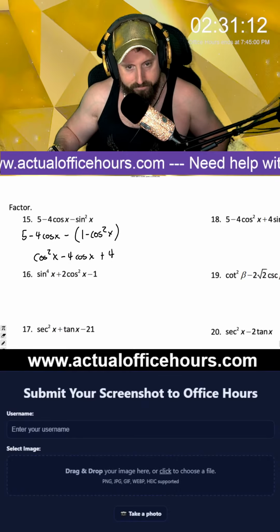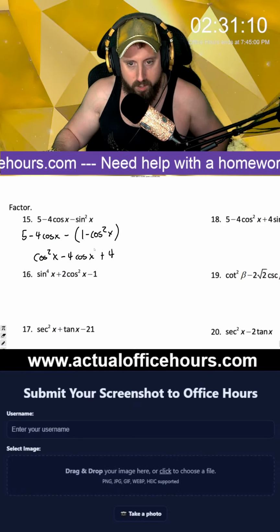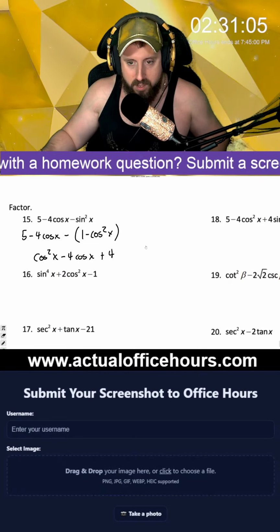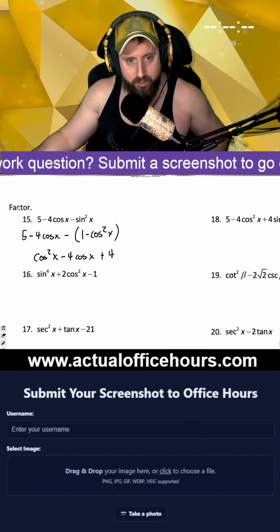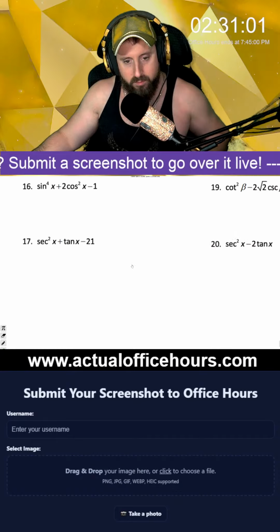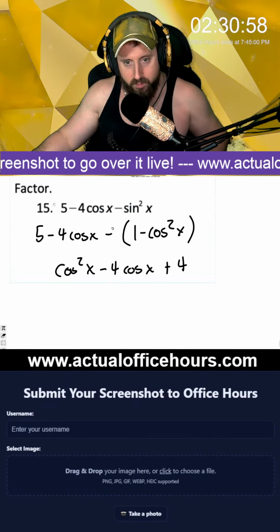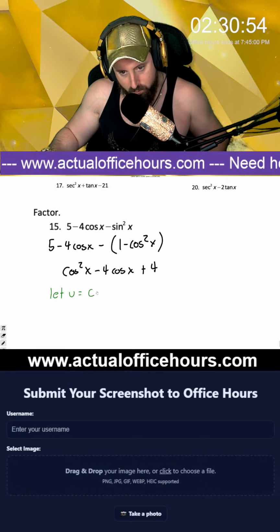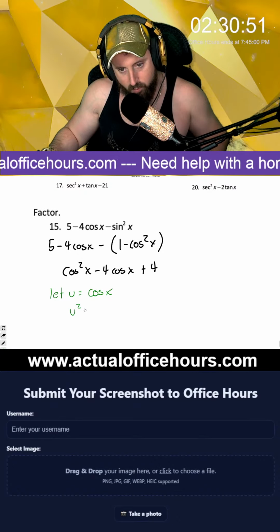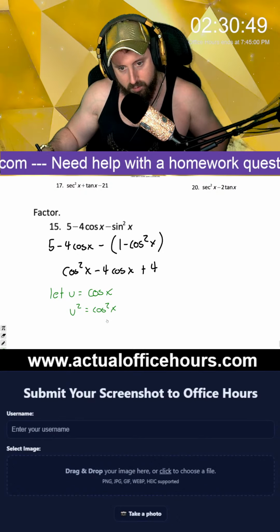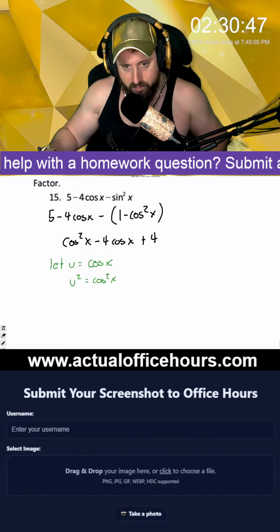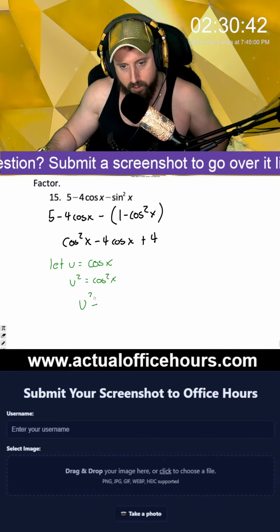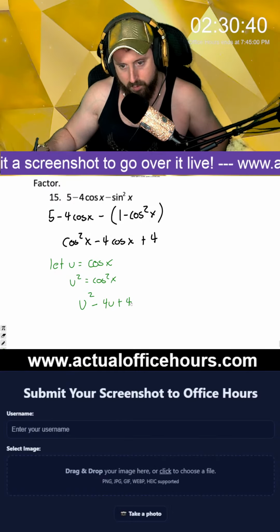This is a quadratic, right? Do you see how I have something squared, something to the first power, and something to the 0th power? In this case, let u equal cosine of x, then u squared is equal to cosine squared x, and now I can replace this with u squared minus 4u plus 4.